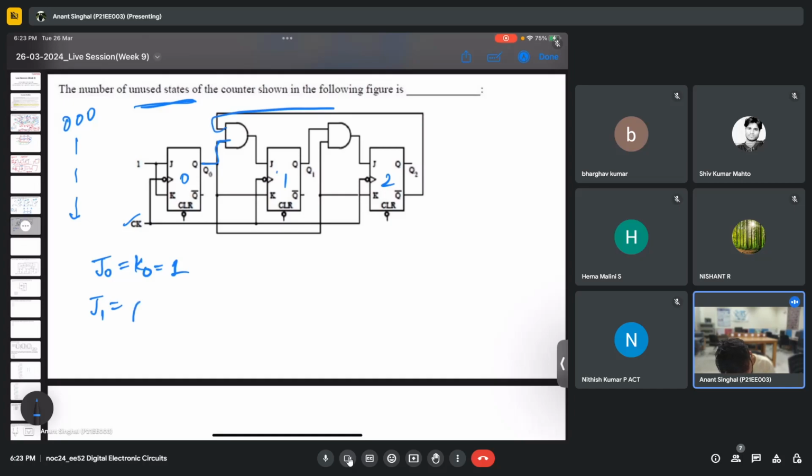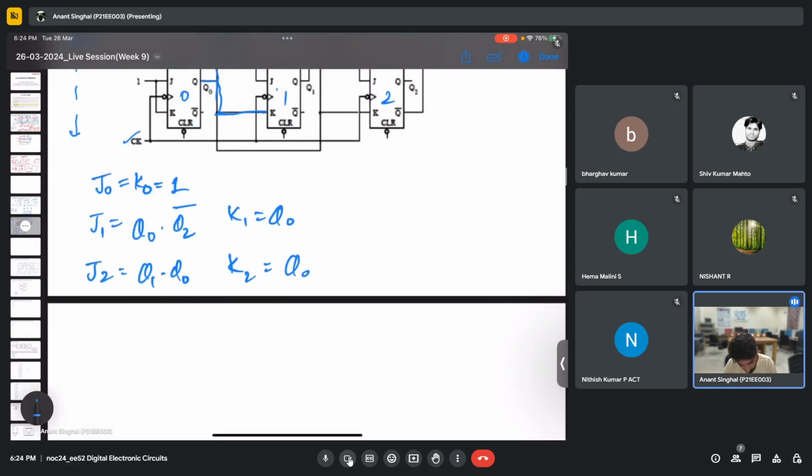So J1 is Q naught Q2 complement, and K1 is Q naught. Then I have J2, which is Q1 into Q naught, and finally K2, which is again Q naught. So these are the relations that I need to be careful about to solve this problem. So let me start with 0, 0, 0.